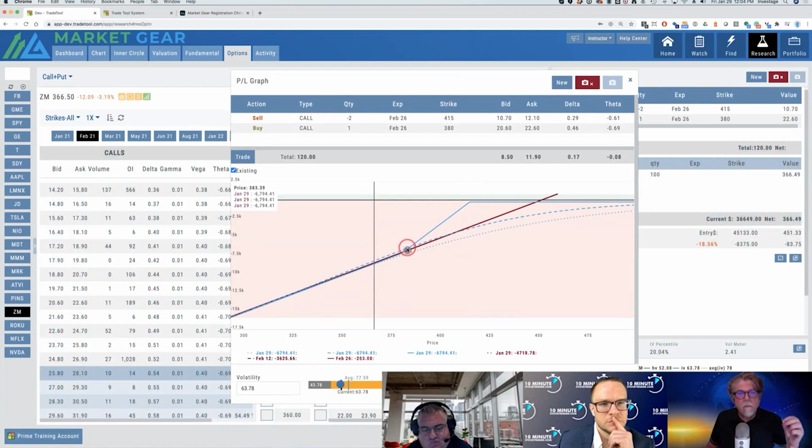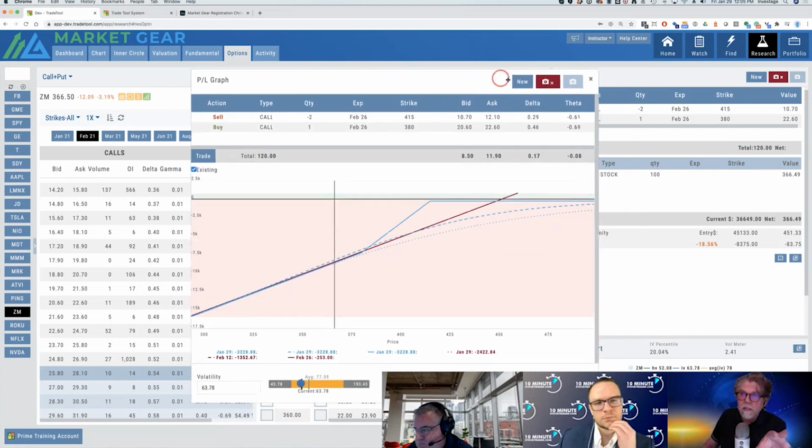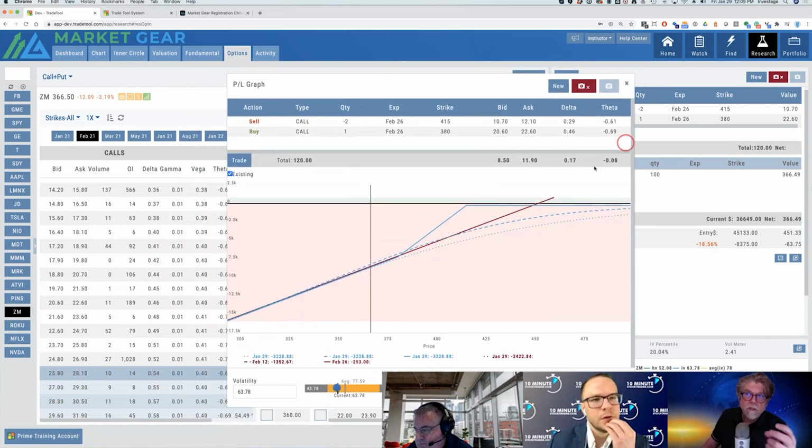But by doing this, as the stock starts to go up into the spread, and mind you, when I did this trade, it didn't cost me anything to do because I'm using the money from one to pay for the other. As it goes up in this space here, I make the money on the stock, plus I make the money on the bull call spread. That cost me nothing to do because I used the out of the money call that I sold against the stock to pay for my vertical spread.